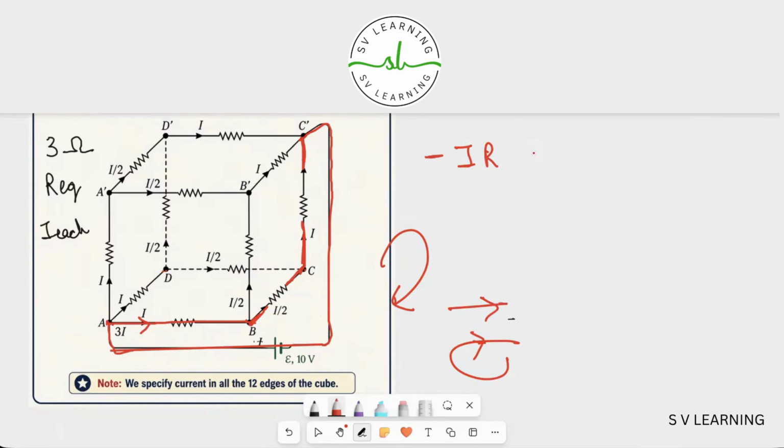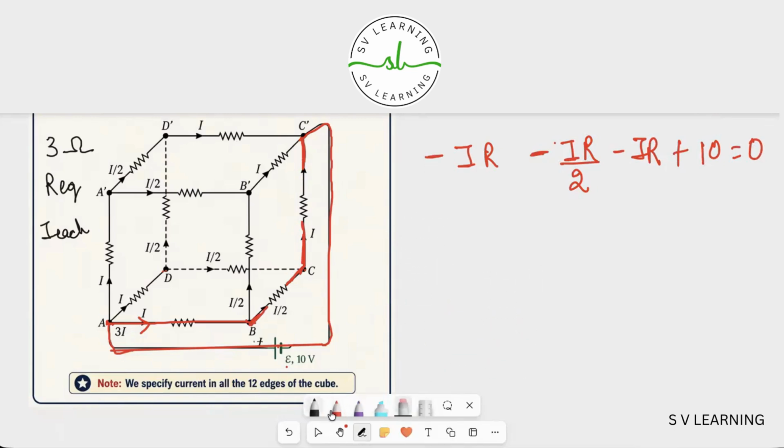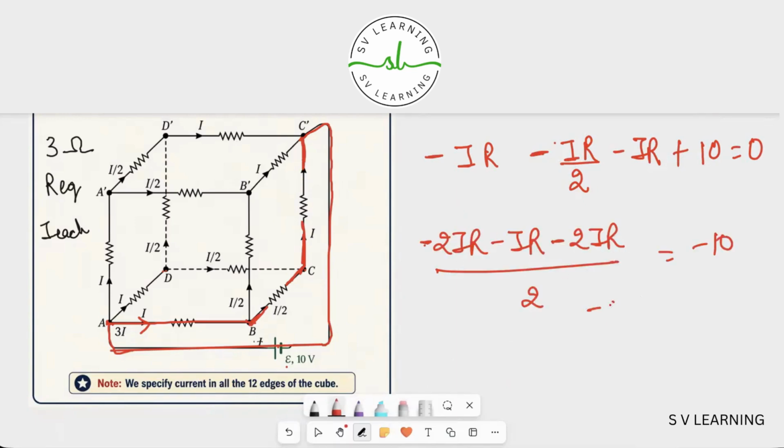So this will become minus I/2 R. Then the third one is again minus IR, and then plus this E. You can take it as E or 10 directly, both work. We can just directly put the voltage as well. So I can say minus 5IR/2 is equal to minus 10, or I can say that 5/2 IR is equal to 10, which is also equal to E.